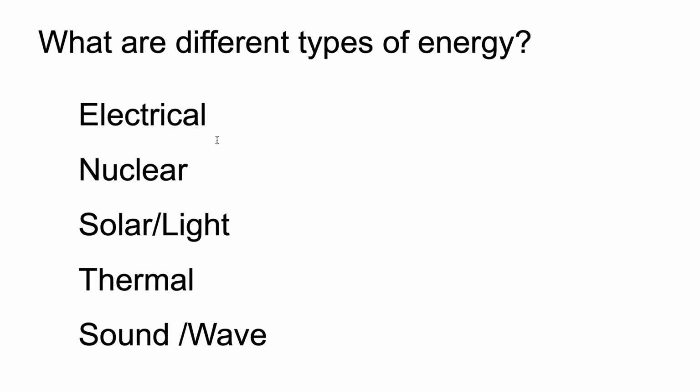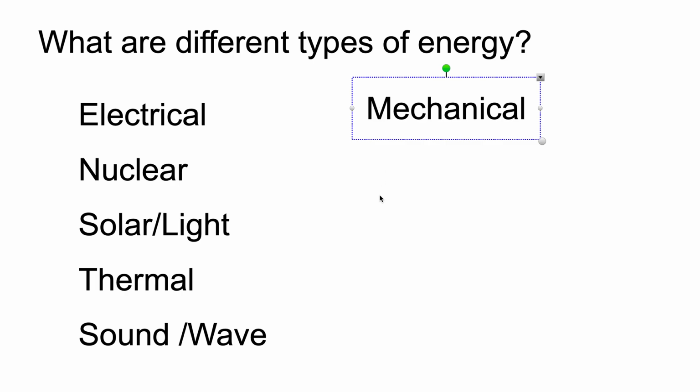What we're going to focus on in this discussion and what we'll focus on for this unit is mechanical energy, the energy in physical objects. So if I take a mass and I'm moving it, I'm giving it a certain type of energy. If I take a mass and I lift it, I'm giving it a certain type of energy.